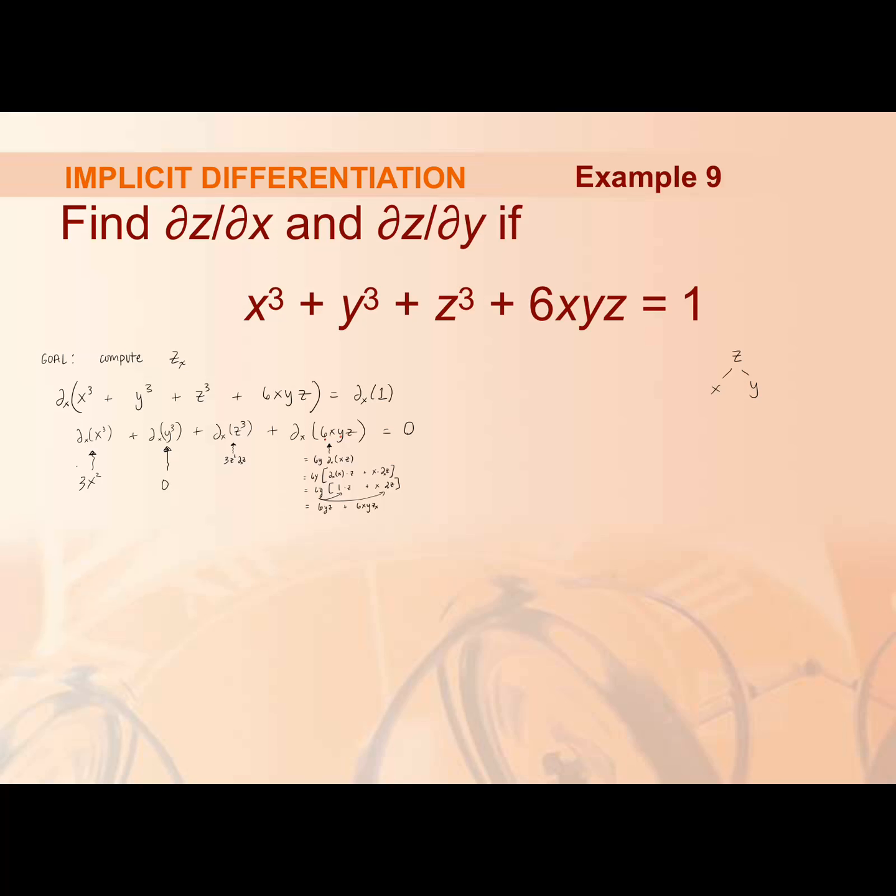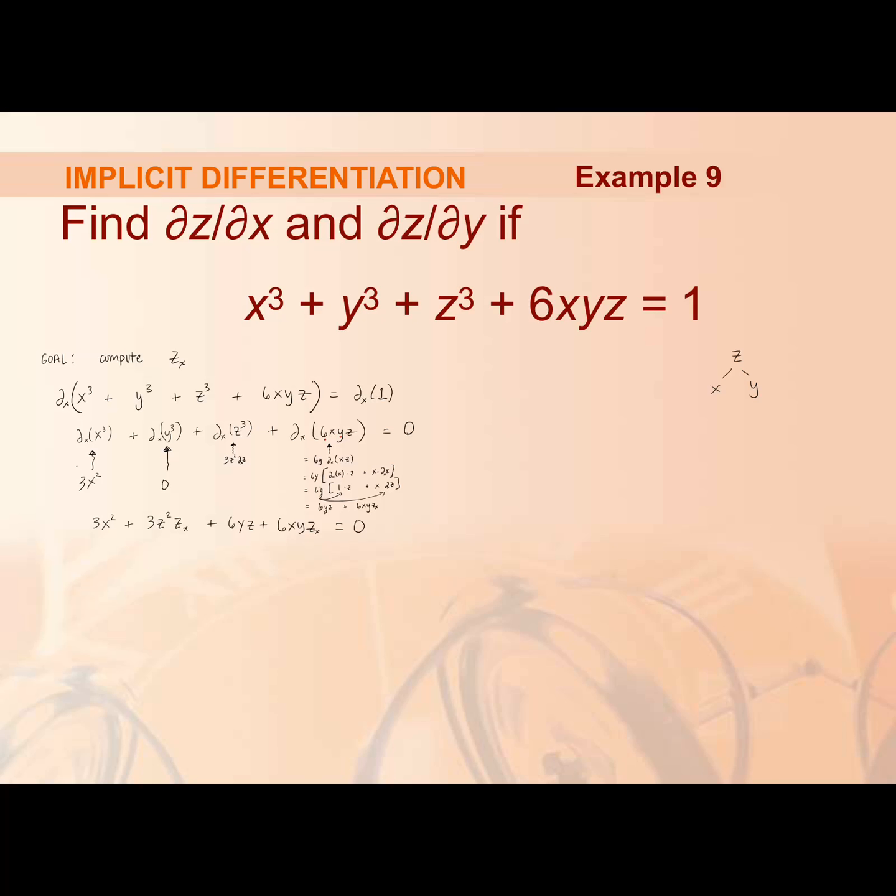So putting all of this together, we see that 3x squared plus 3z squared z_x plus 6yz plus 6xy z_x is equal to 0.